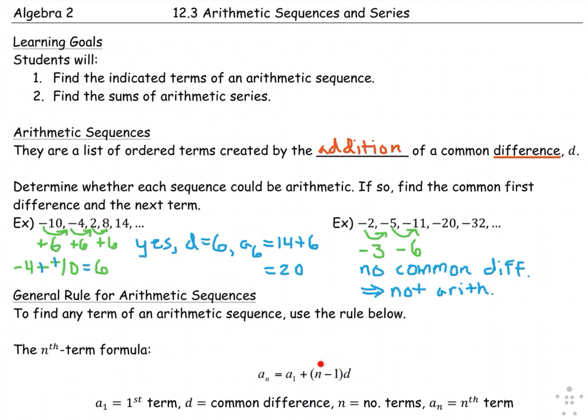So that's why you see n minus 1 here multiplied by d and added to a sub 1 to find the a sub nth term. Please keep in mind that n is the number of terms where a sub n is the nth term.